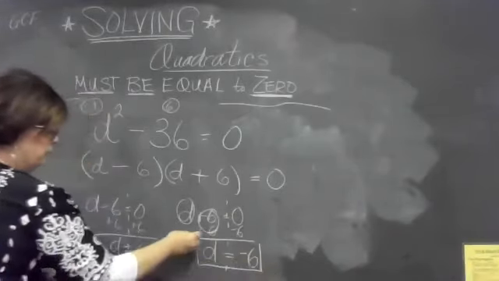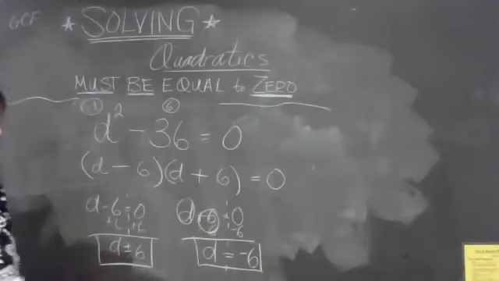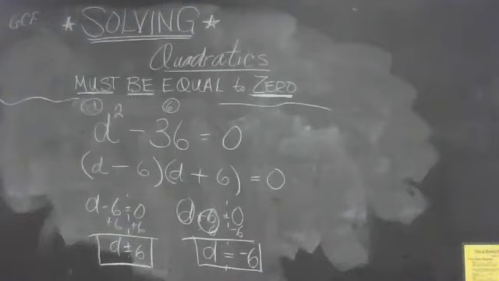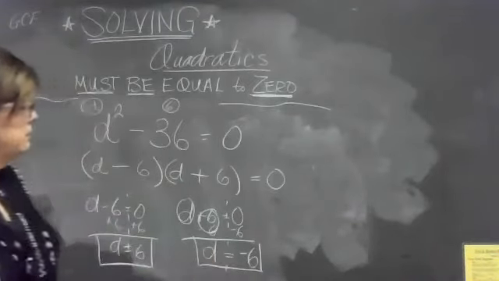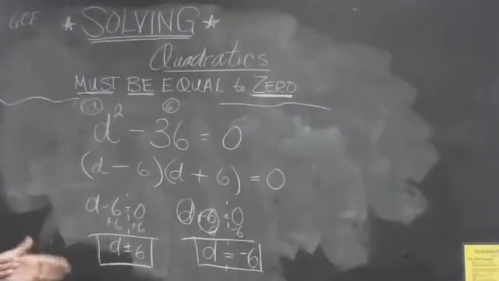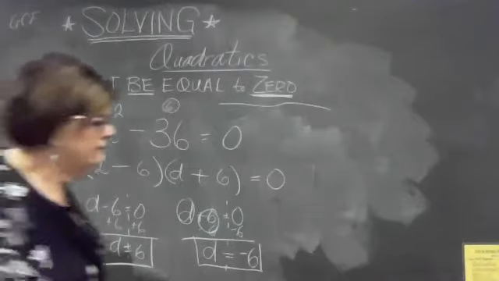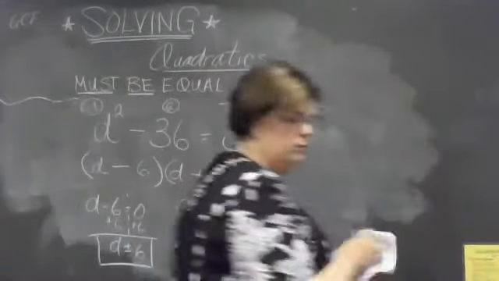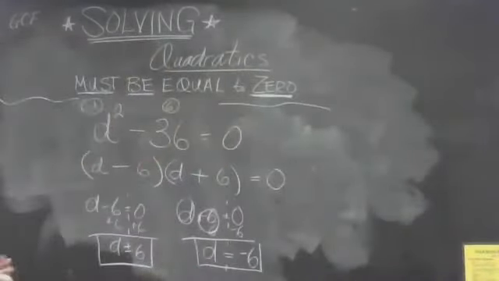And so these are our two solutions, or our roots of where the parabola crosses the x-axis. D equals a positive 6, D equals a negative 6. Can you see why our factoring was so important? Yes? Because you can't solve unless you can factor. Any questions on this one? No, I think I'm good so far.